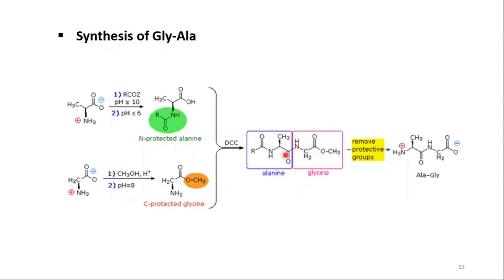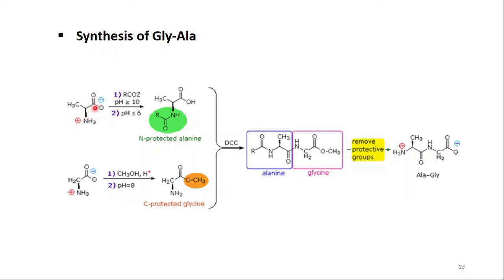Where is the amide bond? CONH. This is the amide bond formed between these two. Okay. Now, you start from alanine, that is NH2, CH3, and COOH. Okay, this is alanine. You started with alanine.